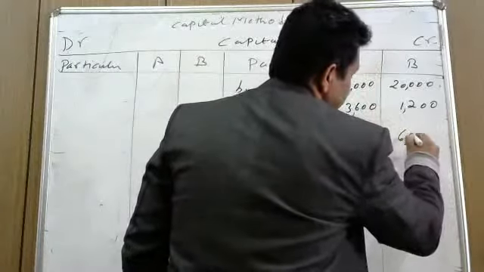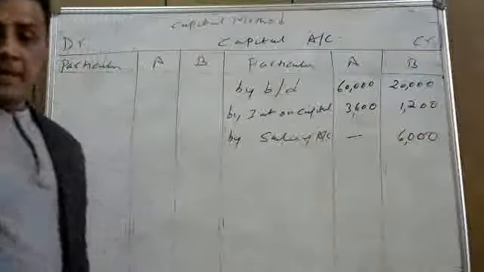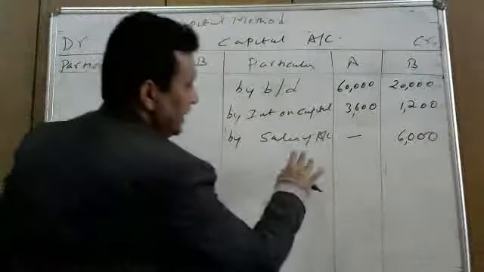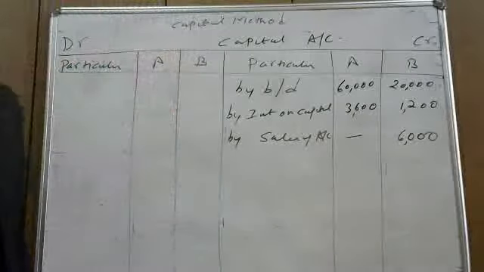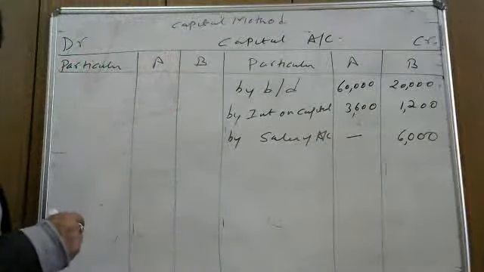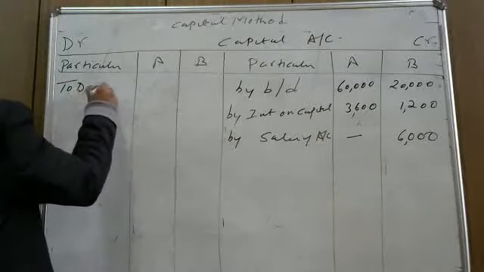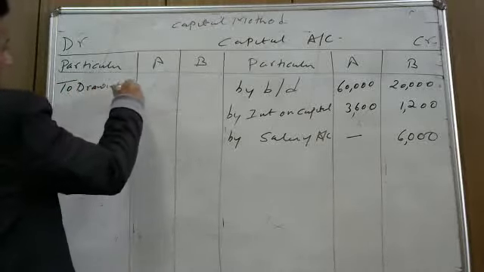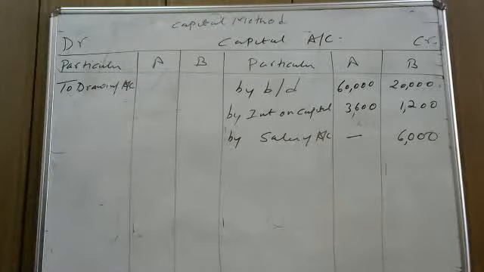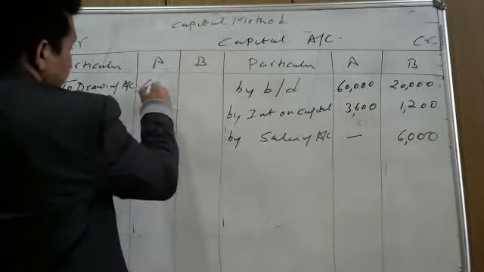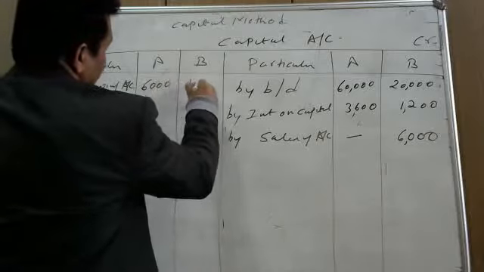We write over here 6,000. If any partner is getting commission, we write over here by commission. Apart from this, during the year they withdraw something, yes, we write over here to drawing account. How much A withdraws is 6,000 and B withdraws 4,000. 6,000 and 4,000.